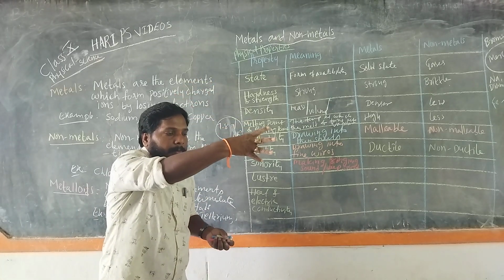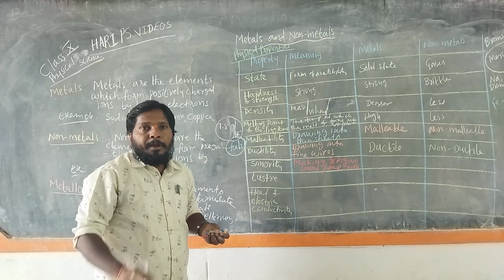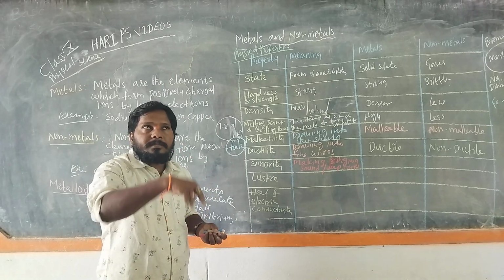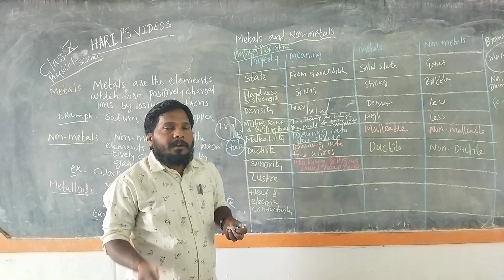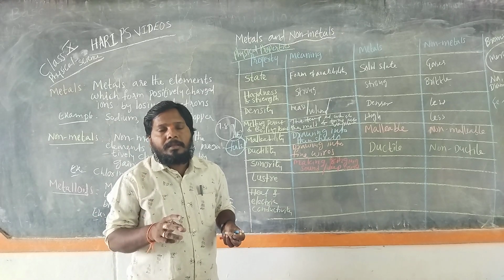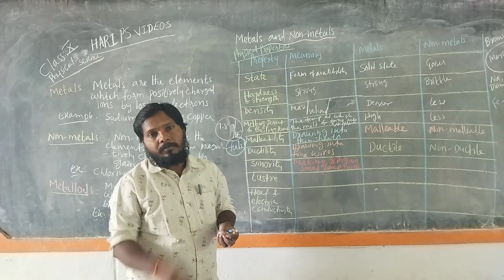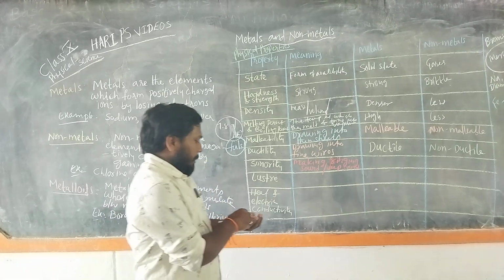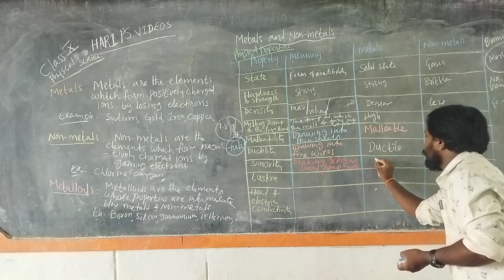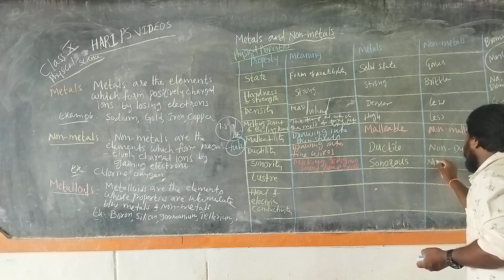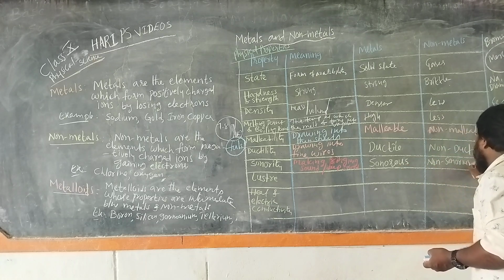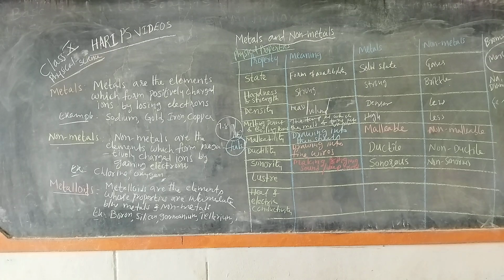When we drop a metal plate on a hard surface, it produces sound. Schools and colleges have bells made of metals. Because metals have this property, we call it sonority. So metals are sonorous, whereas non-metals are non-sonorous.